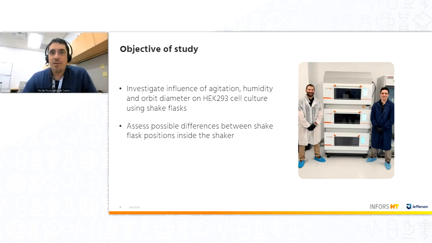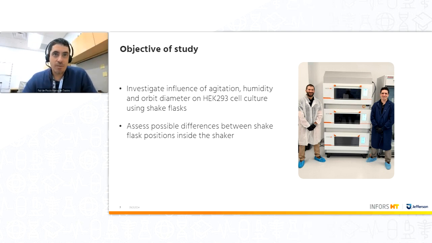So, as I said, you can have different set points for temperature, humidity, agitation, CO2, and you can have different orbit diameter configurations for each cabinet, and it really makes your life much easier in the lab.